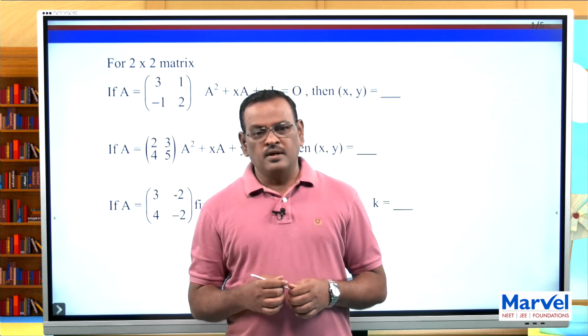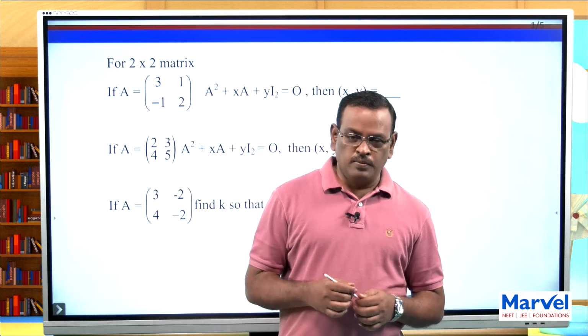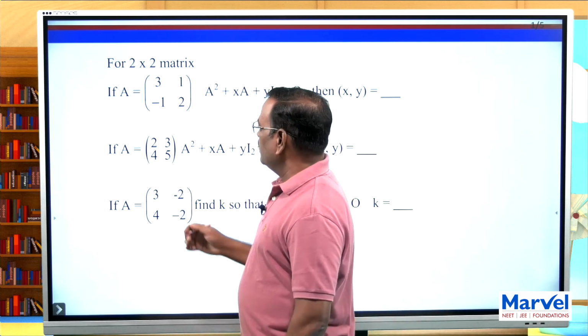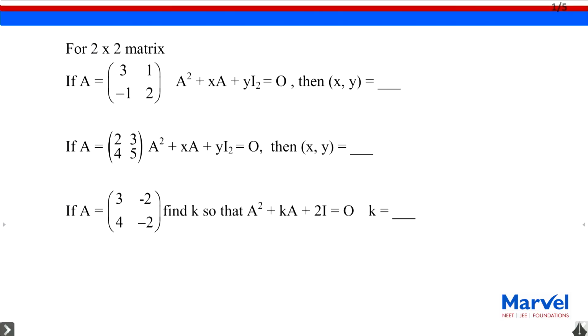So first question, matrix polynomial for 2 by 2 matrix. A equal to [3 1; -1 2], A square plus xA plus y I2 equal to O, where x and y are dash.